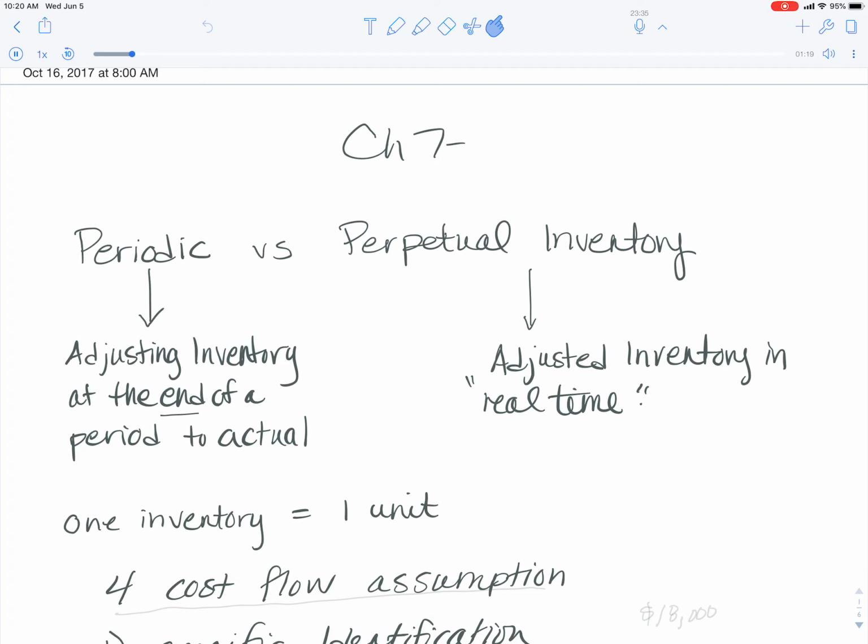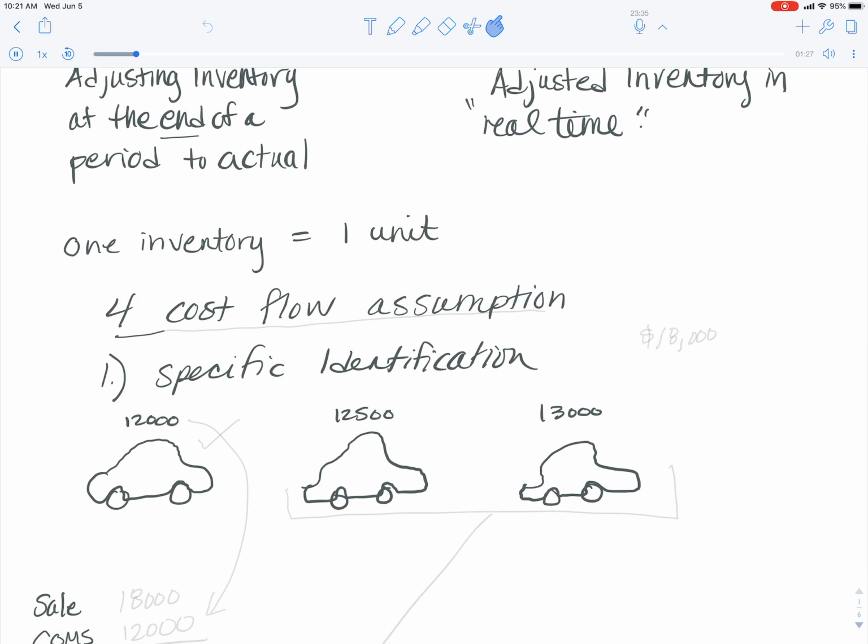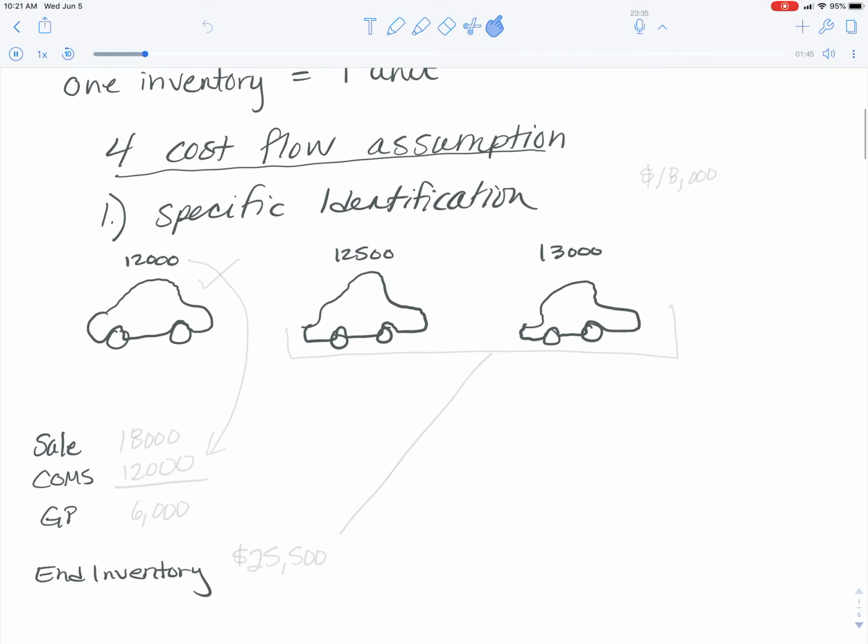So we're first going to start off with the periodic method, and there are 4 assumptions that we're going to go through. We could use 4 cost flow assumptions, and I'm going to go through each one, first for the periodic method, and then each cost flow assumption also for the perpetual method. Number 1, we have specific identification as our first cost flow assumption.